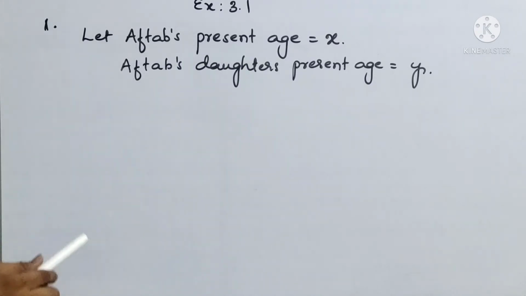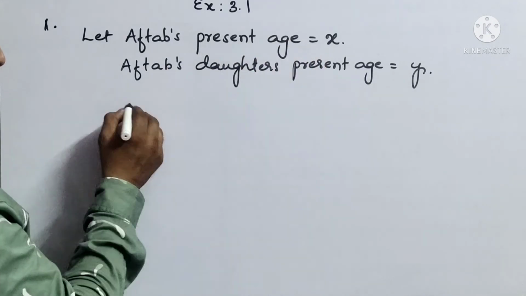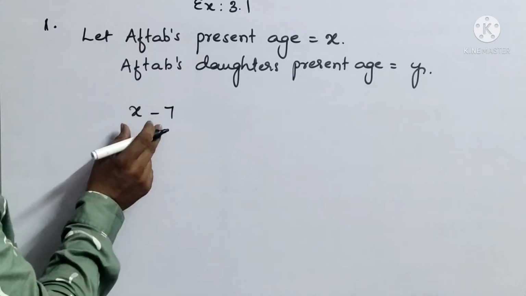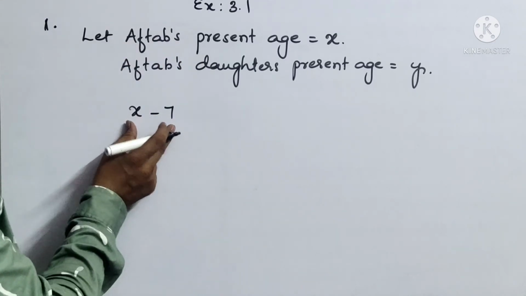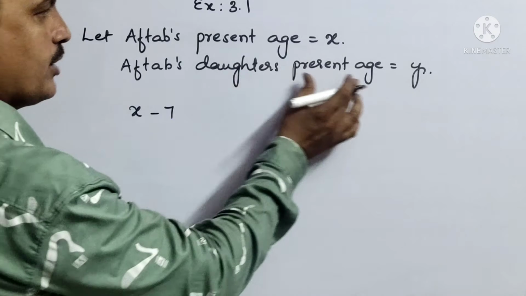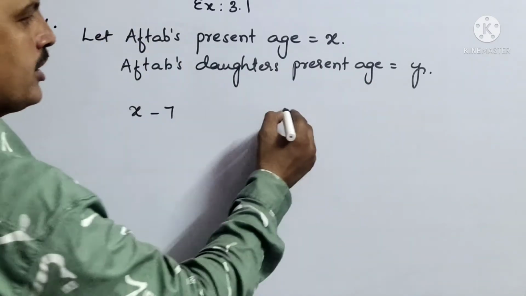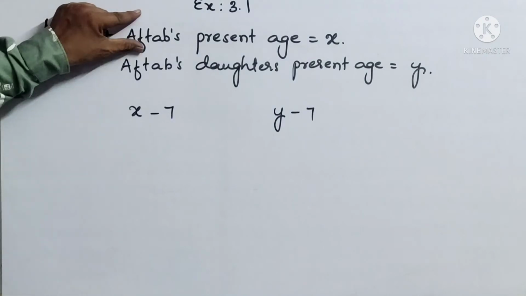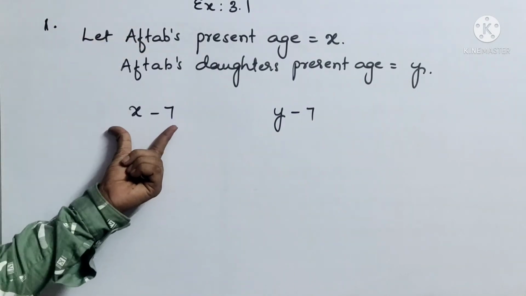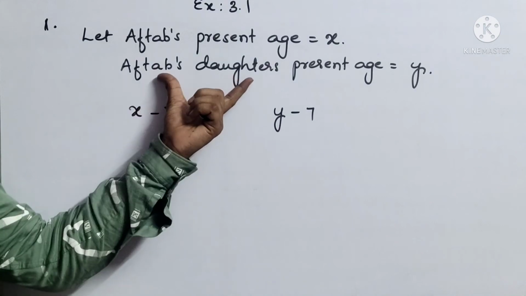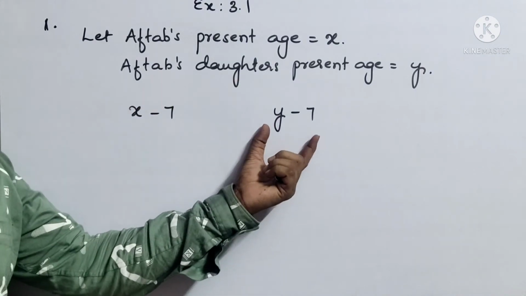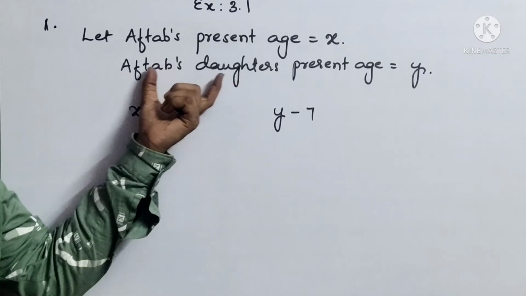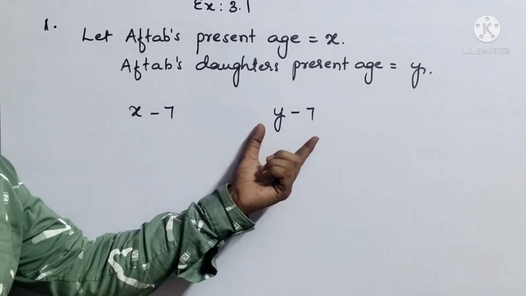So 7 years ago, Aftab's age is x minus 7. 7 years ago, the daughter's age is y minus 7.